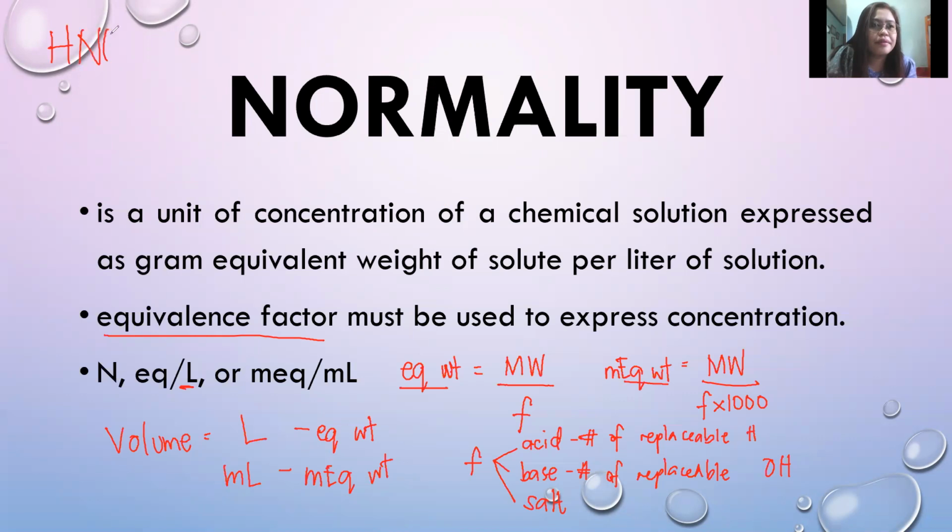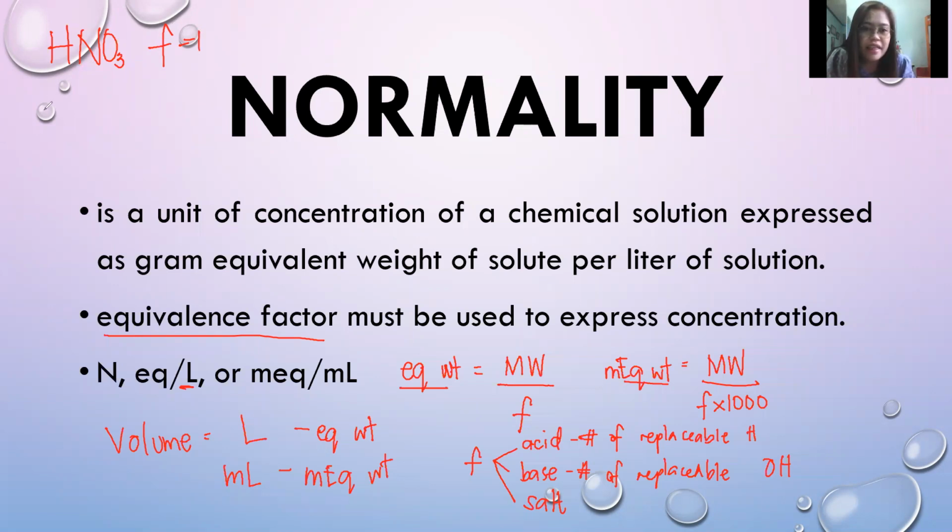This one, HNO3. How do we read this? HNO3 is your nitric acid. So it's definitely an acid, and then you just count. If you're asked what the equivalence factor is, automatically, class, it has one H, so its equivalence factor is 1.